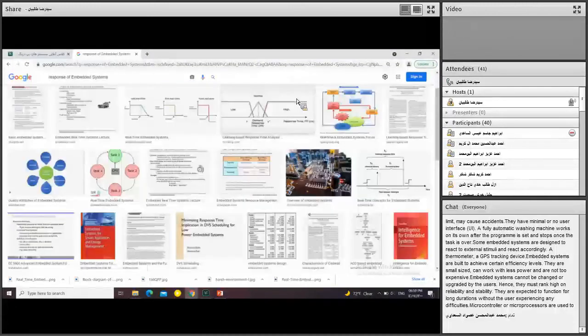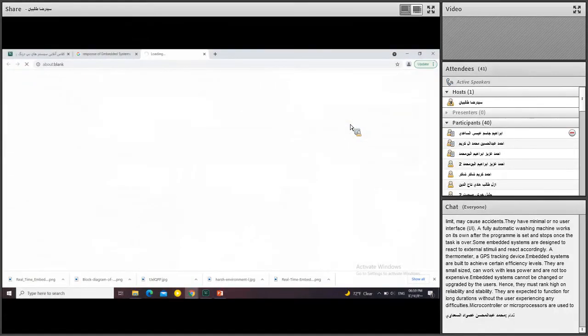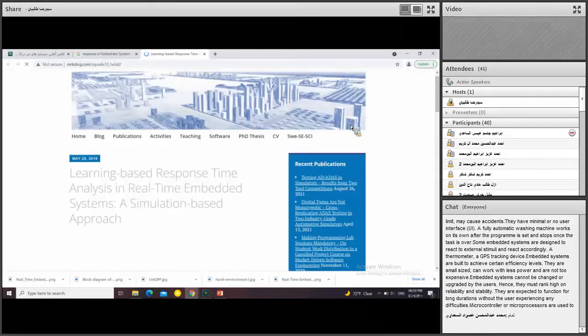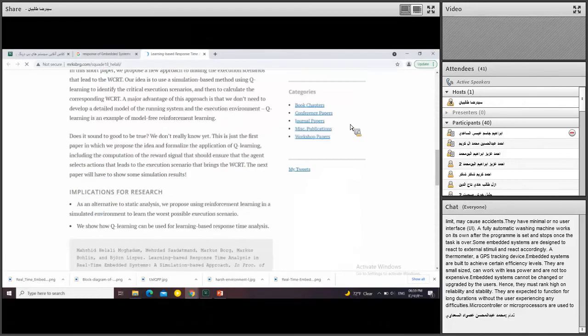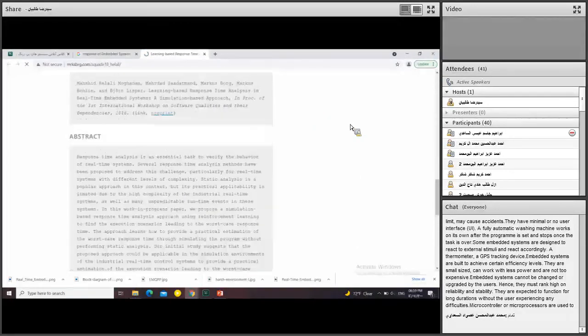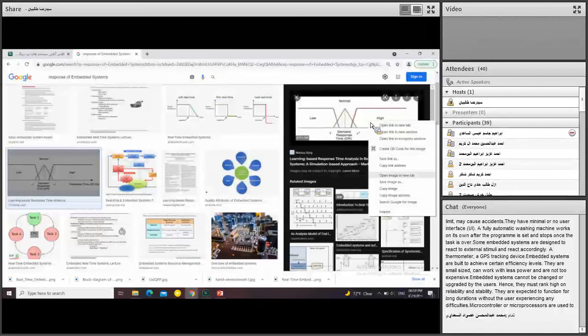And response of embedded systems. Another graph for response is here. Response time analysis. Let me just save it.